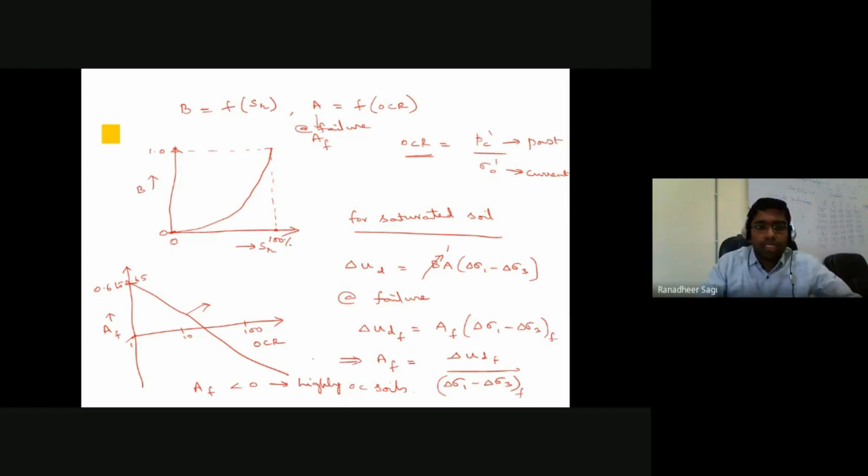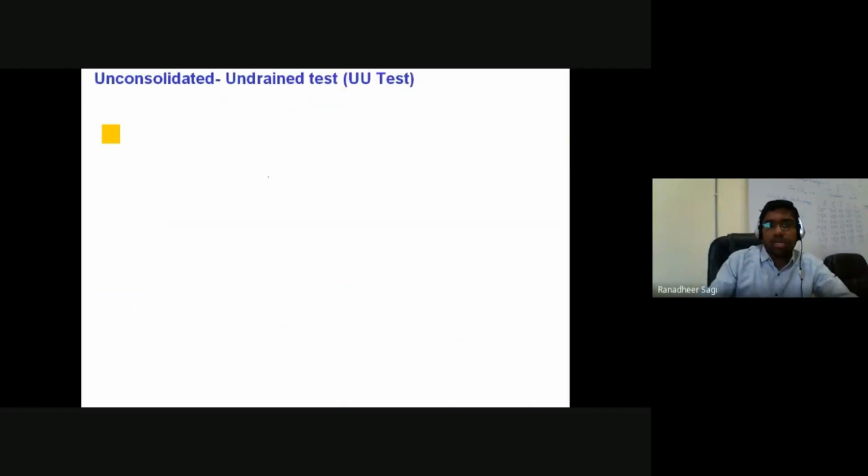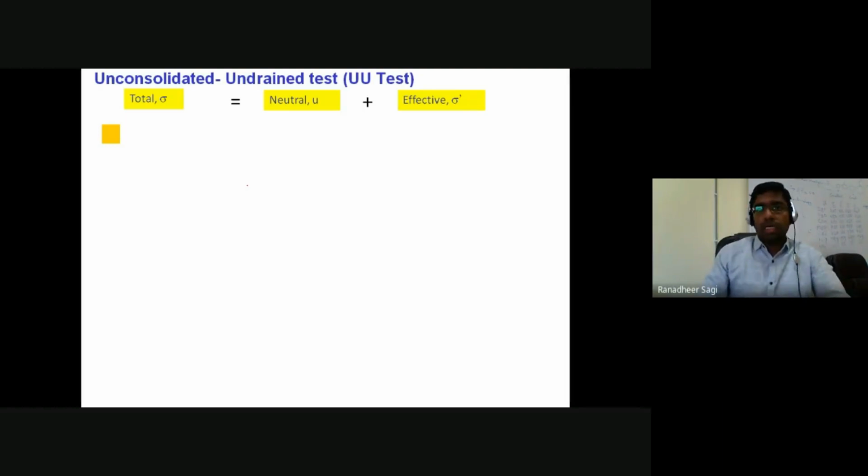Okay. So next, moving on with the state of stress your soil sample is subjected to in the case of your UU test. Total stress is nothing but equal to your neutral stress or pore water pressure plus effective stress.